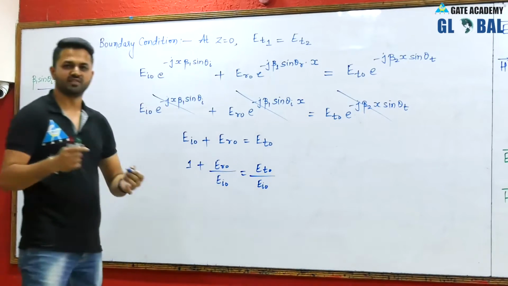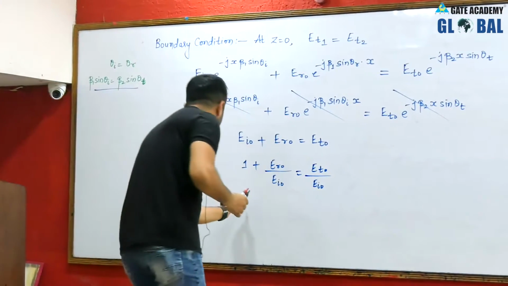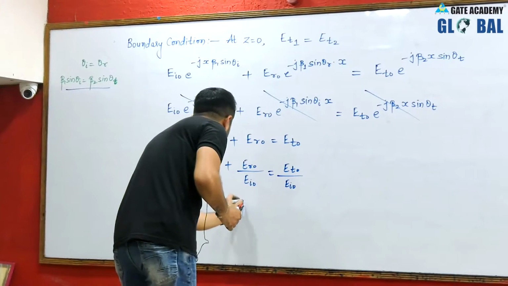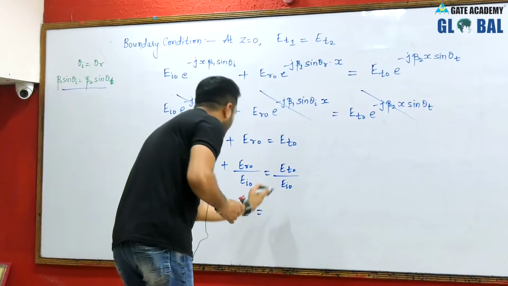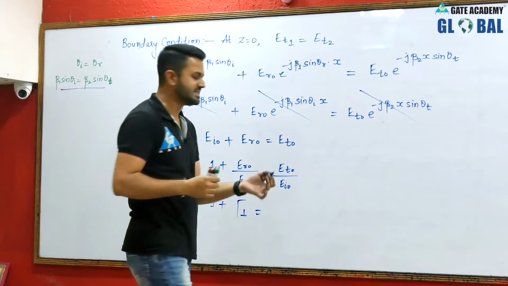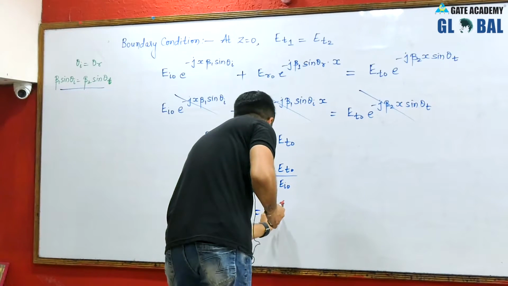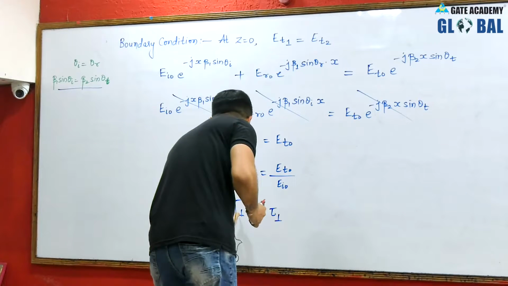The reflected wave divided by incident wave gives the reflection coefficient for perpendicularly polarized wave, and the transmitted wave divided by incident wave gives the transmission coefficient for the perpendicular polarized wave.